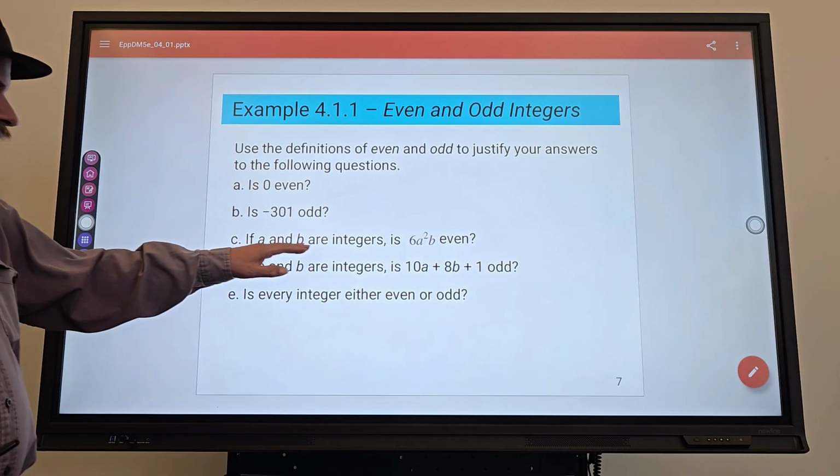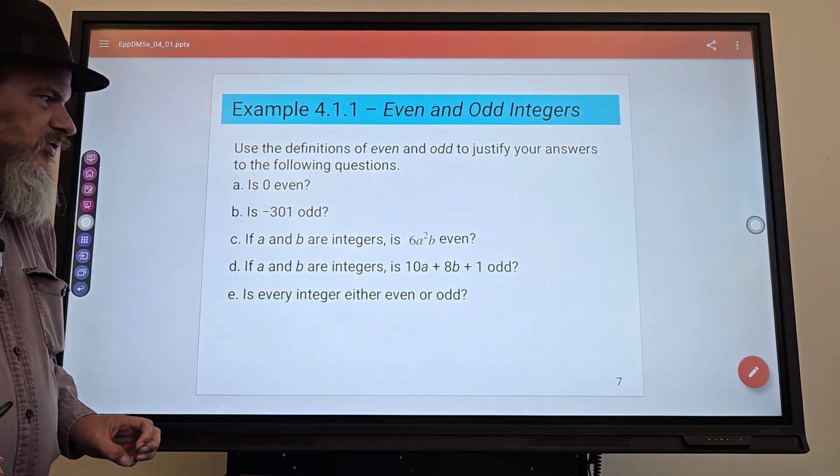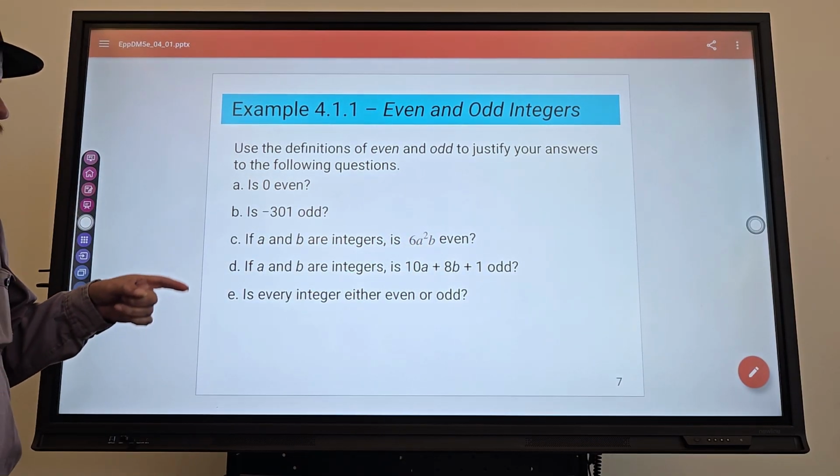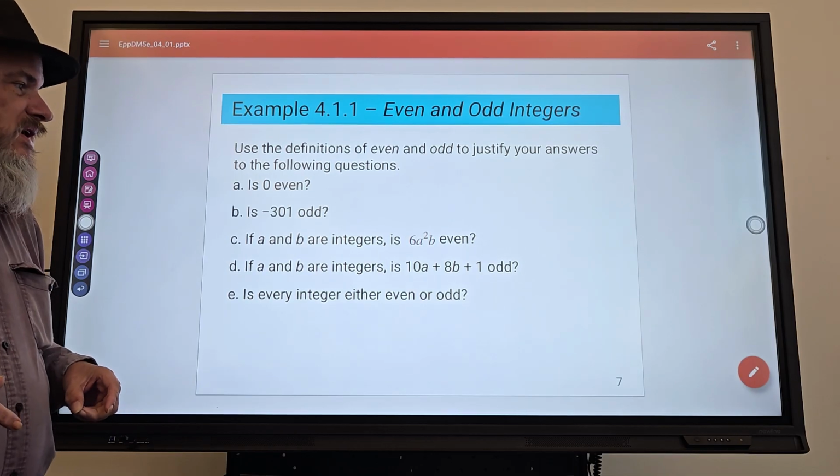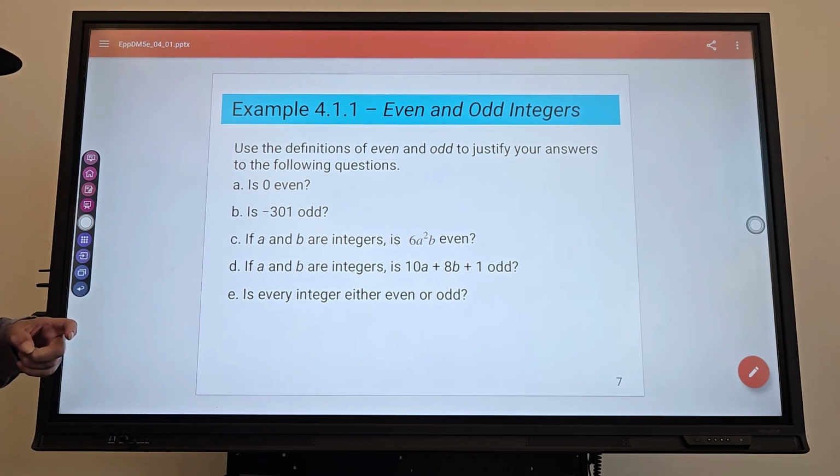If they are integers, that 3 times a squared b is also an integer. 2 times that integer makes it even. If a and b are integers, is 10a plus 8b plus 1 odd? Yeah, same logic applies there. You can write it out as 2 times some integer plus 1.